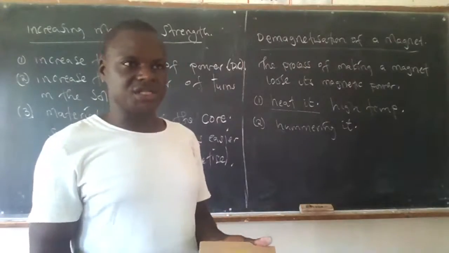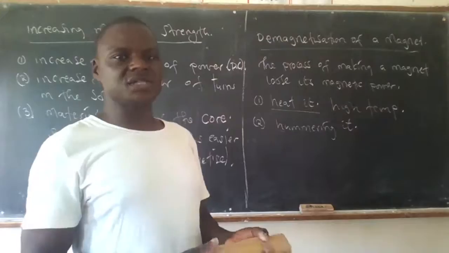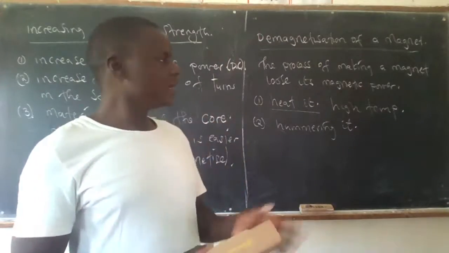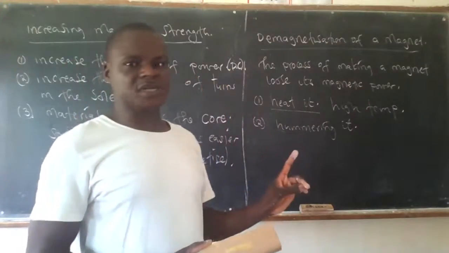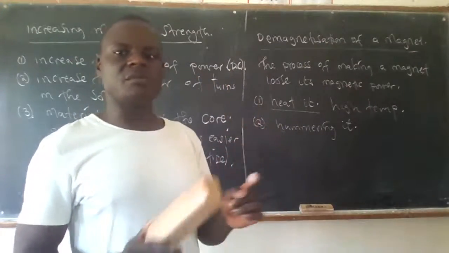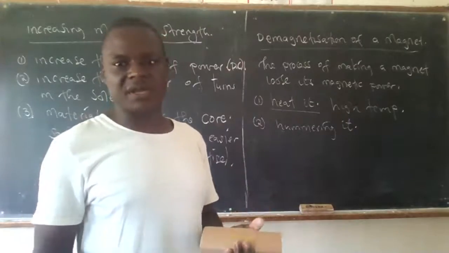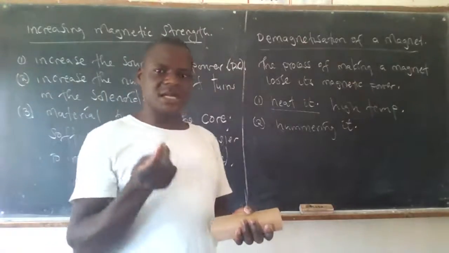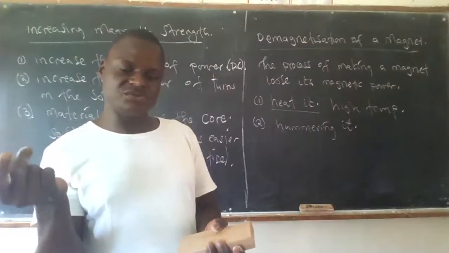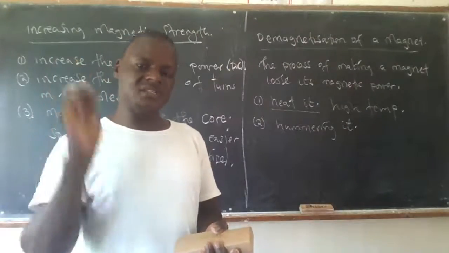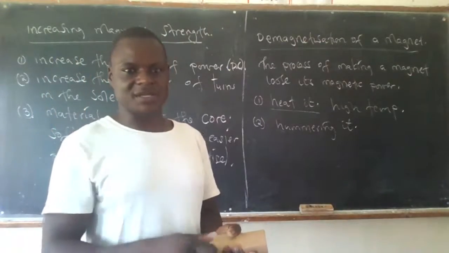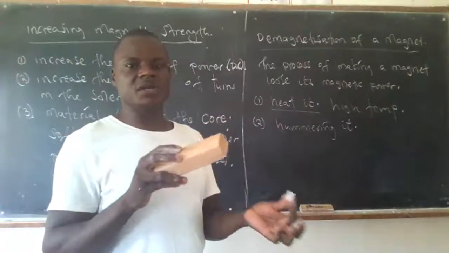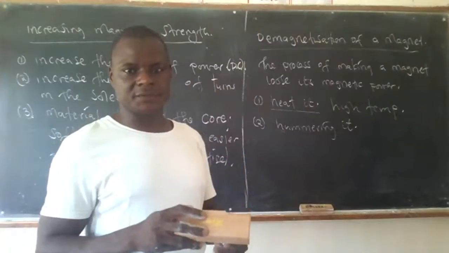Now, the malleability and ductility of metals depends on the type of metal you're talking about. This is steel, iron and carbon combined, and steel is actually an alloy according to the chemistry world. The malleability and ductility of steel is different from that of a pure element. So once you hammer, at the end of the day, you find that it will be unable to pick magnetic material.